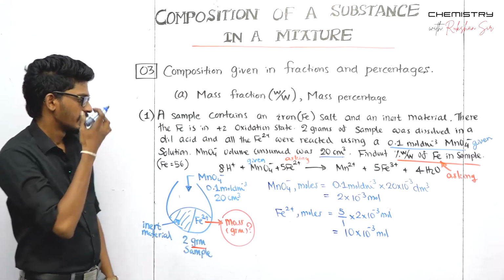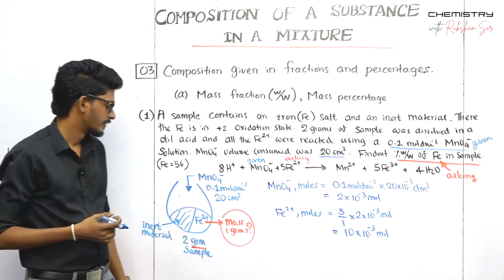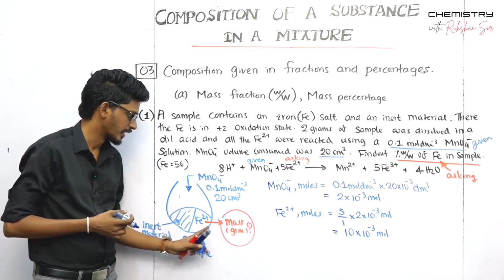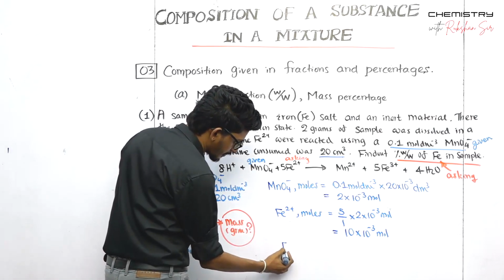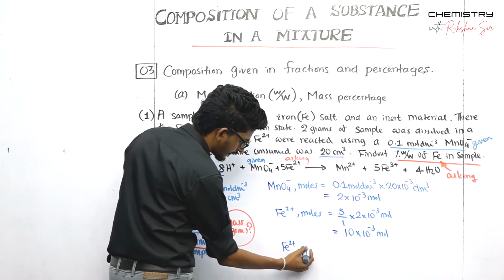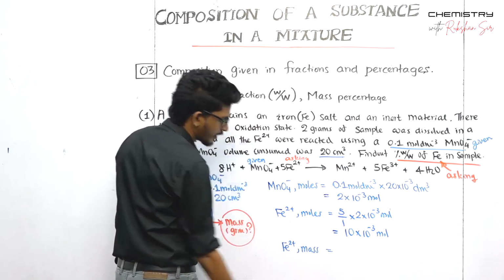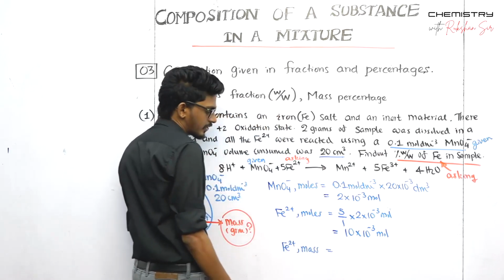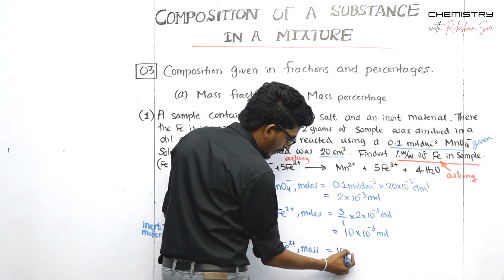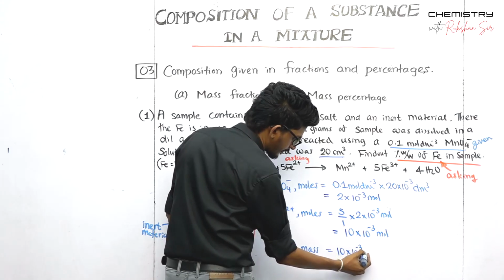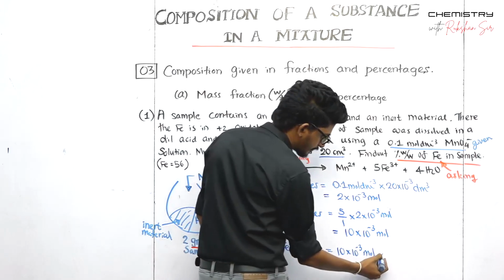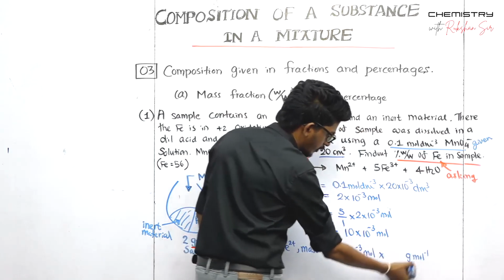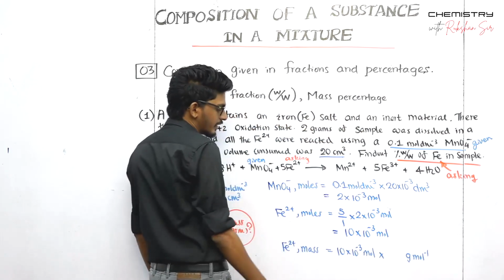As we know the number of moles, we can combine that with the g mol^-1 to come up with the grams. So the Fe2+ mass is the number of moles multiplied with the g mol^-1 value, so the mole unit will cancel off and the answer will be given in grams.